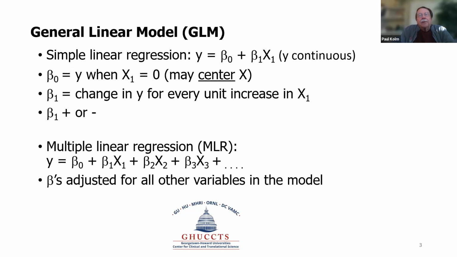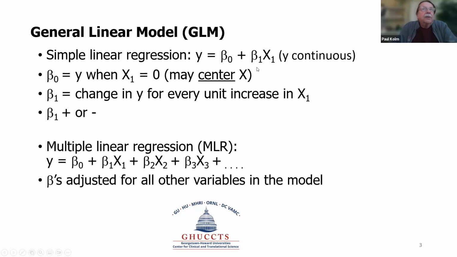And so, of course, as you probably all know, the meaning of this is that the constant beta 0 is the value of y when x equals 0.